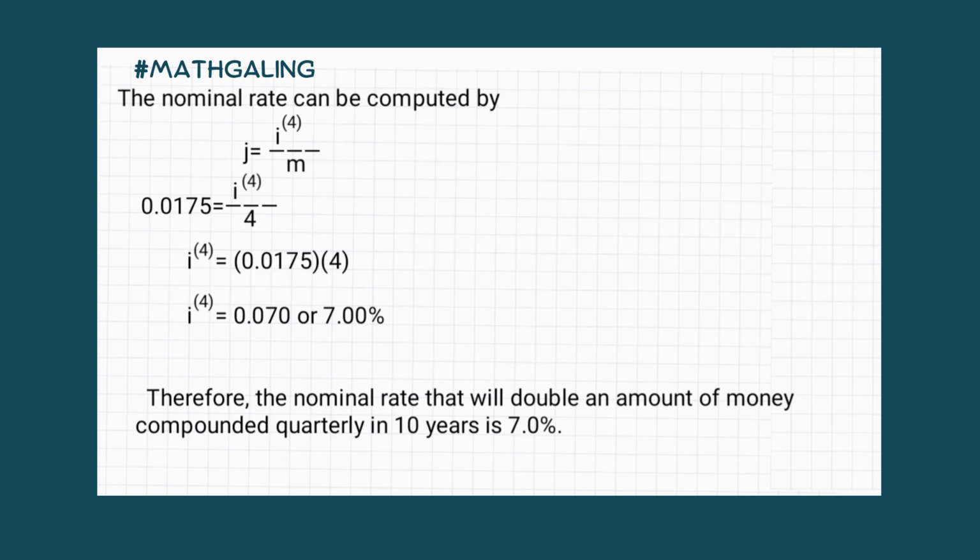So i raised to the power of 4 is equal to 0.070 or 7%. Therefore, the nominal rate that will double an amount of money compounded quarterly in 10 years is 7%.